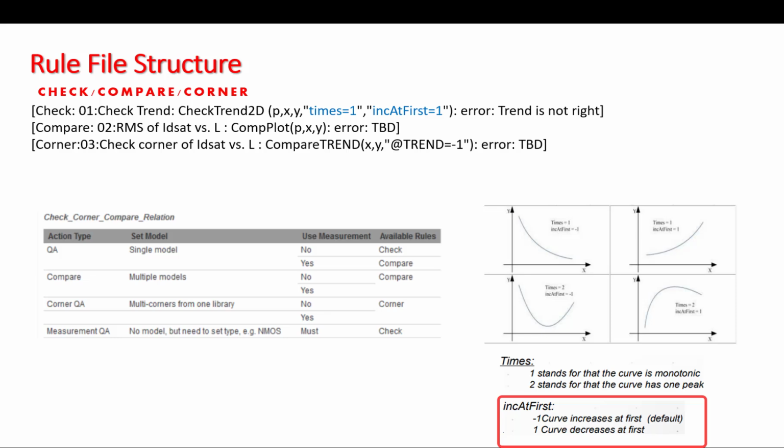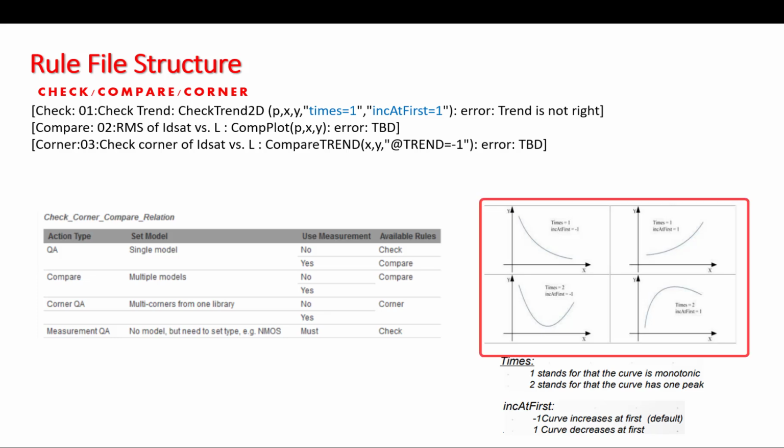The INC at first also have two values. -1 means the curve increases at first, and the 1 means the curve decreases at first. With the two variables and each of them has two values, we can have 4 different curves. So we can use this combination to check the trend of the model.